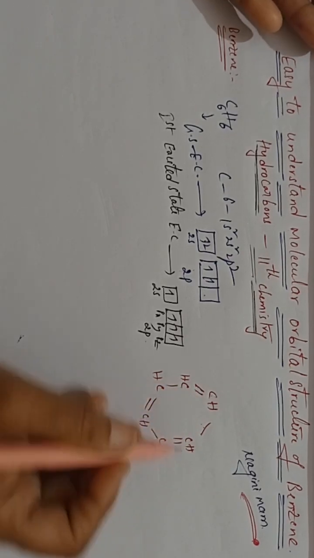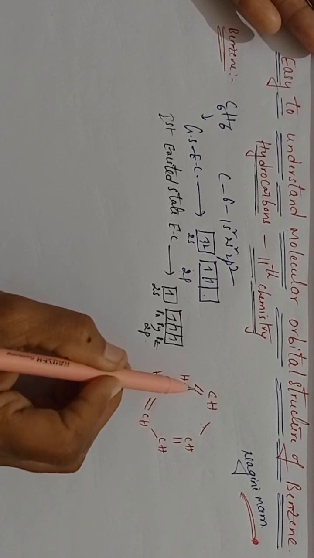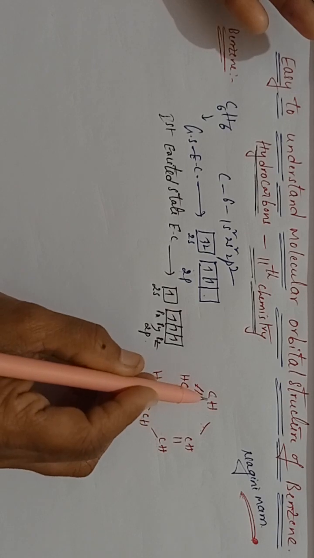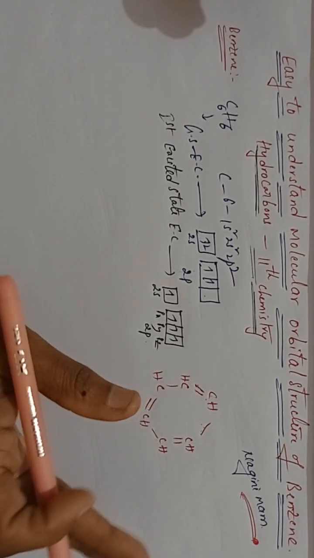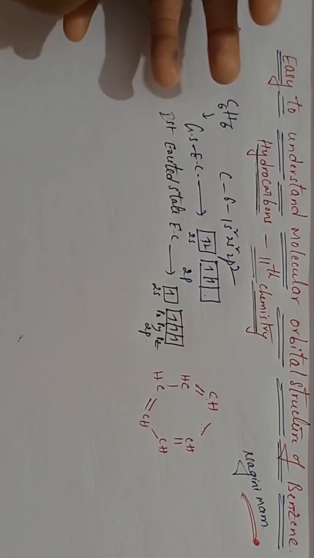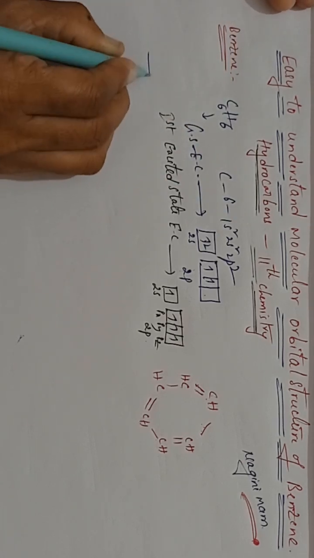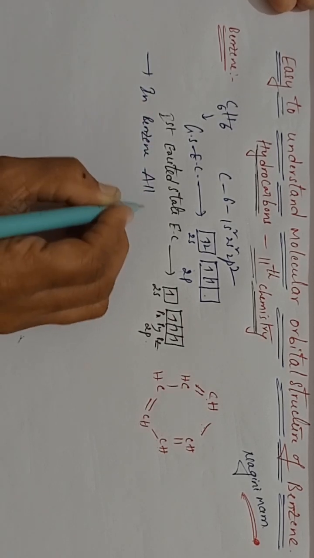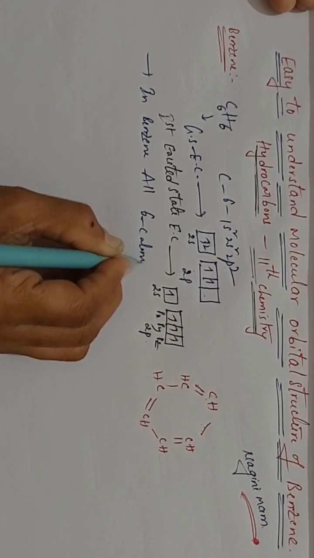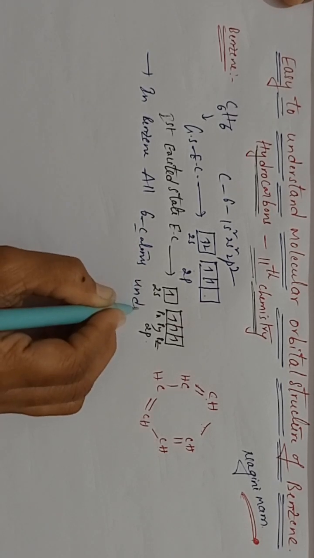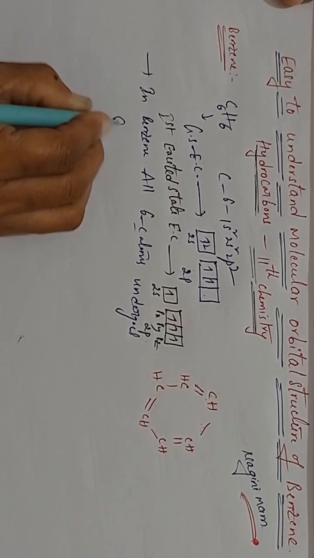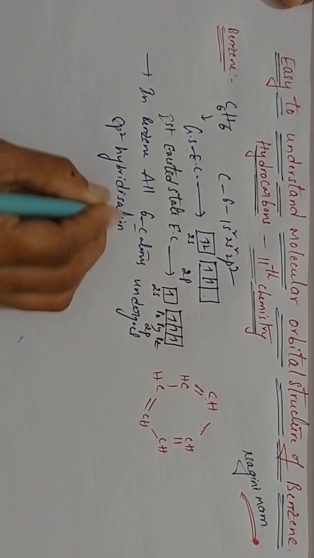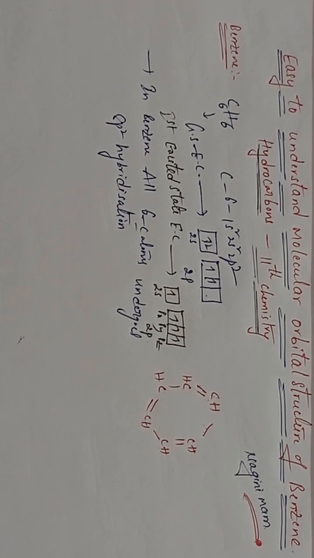Which hybridization? sp2, because around each carbon there are 3 sigma bonds, and 3 sigma bonds means carbon undergoes sp2 hybridization.